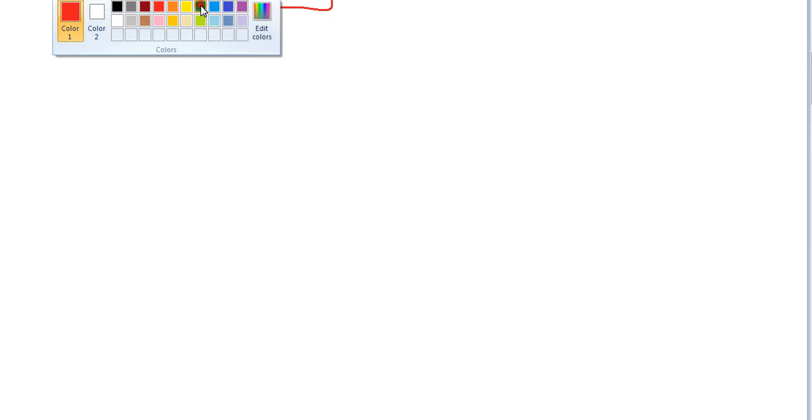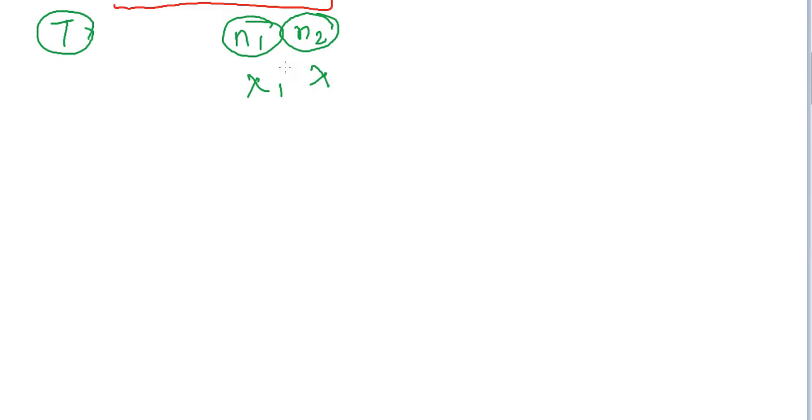Say, for example, T is a tensor, and N1, N2 are the two eigenvectors for the two-dimensional case, and alpha 1 and alpha 2 are the two eigenvalues.